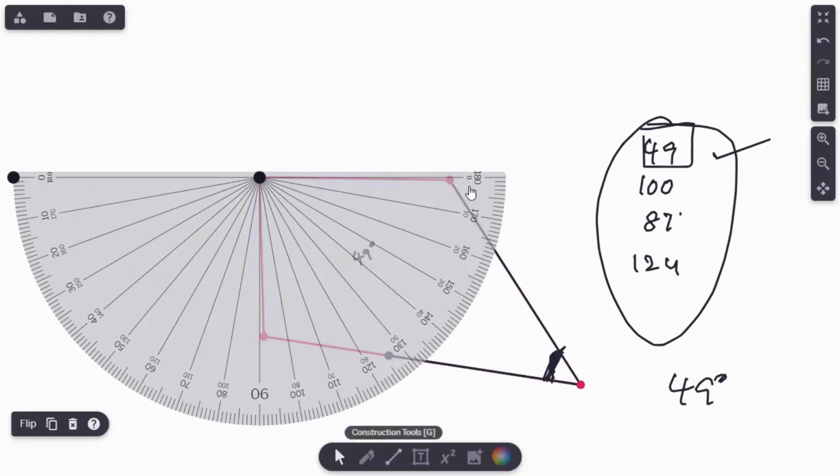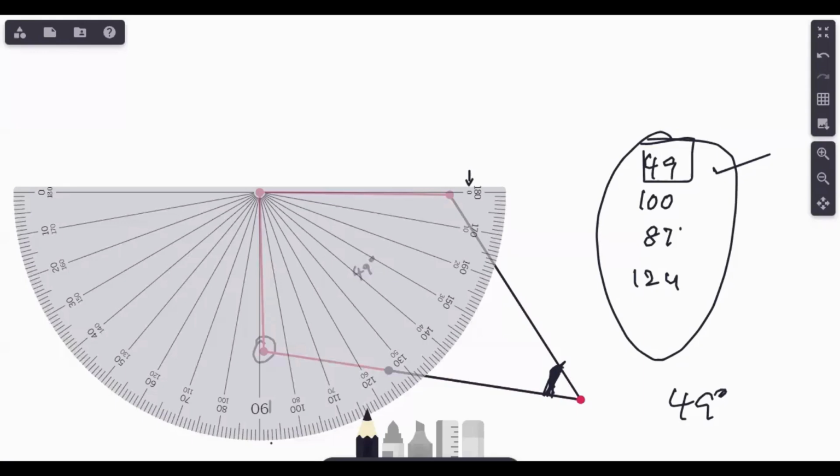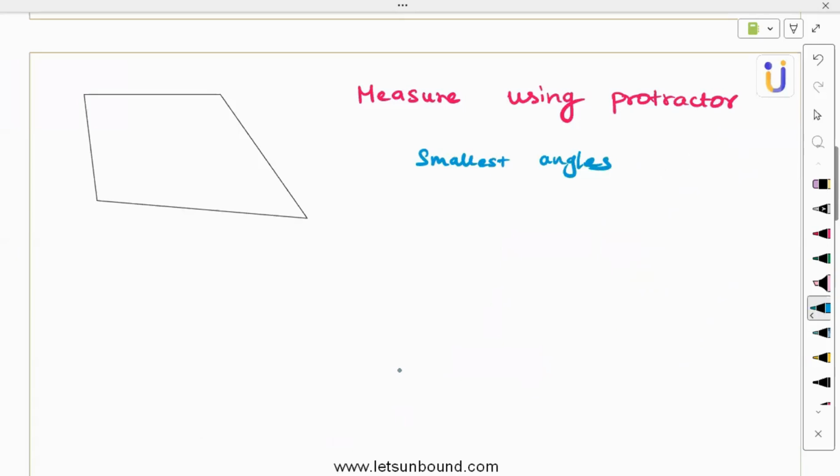In this case, my baseline 0 is inside, so I will take the inside measurement. Let's conclude the answer as 49 degree over here. The smallest angle using protractor is measured as 49.